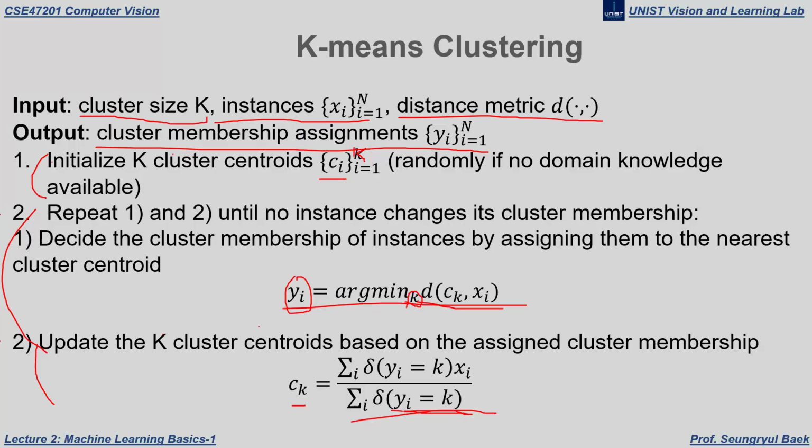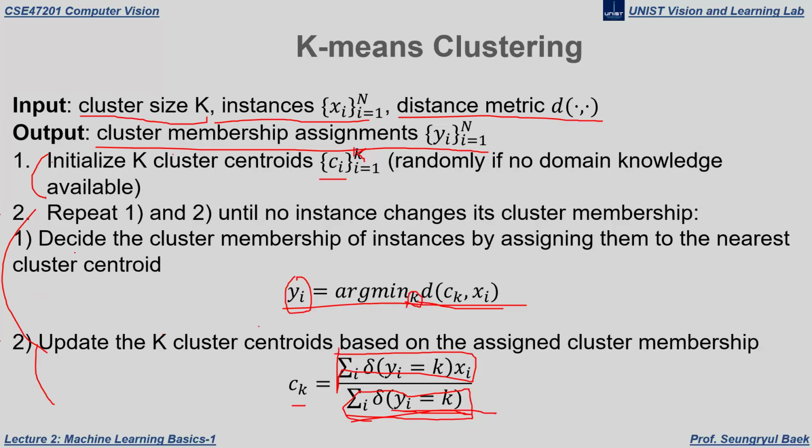So this part means the number of samples in that cluster, and the part above means the sum of their xi values. This means averaging all the samples inside the cluster. If you follow this formula, this is high school mathematics. This is actually finding the average of the samples xi in each cluster.